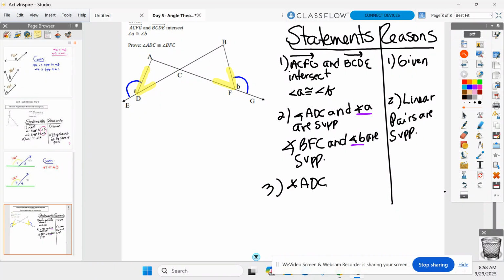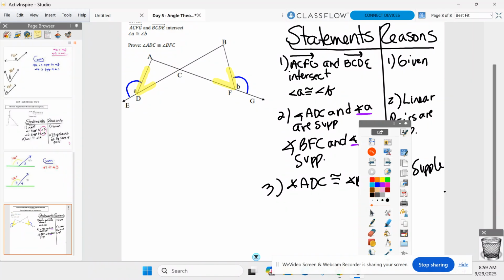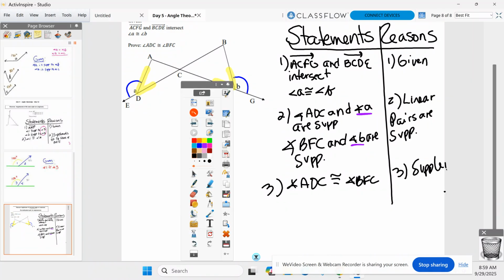Angle ADC congruent to angle BFC. Supplements, no I in that word. Supplements of, what are we doing? Congruent or the same angle? Congruent. Supplements of congruent angles are congruent.